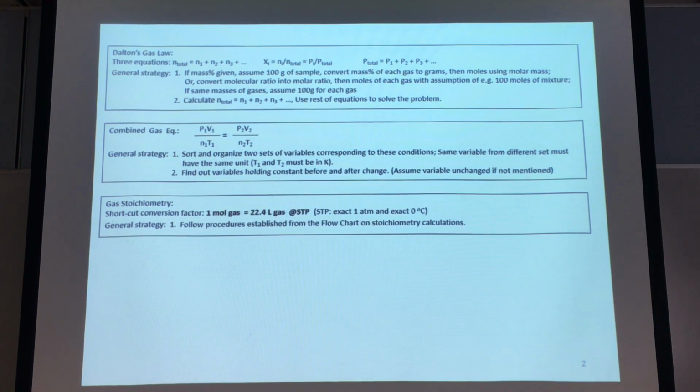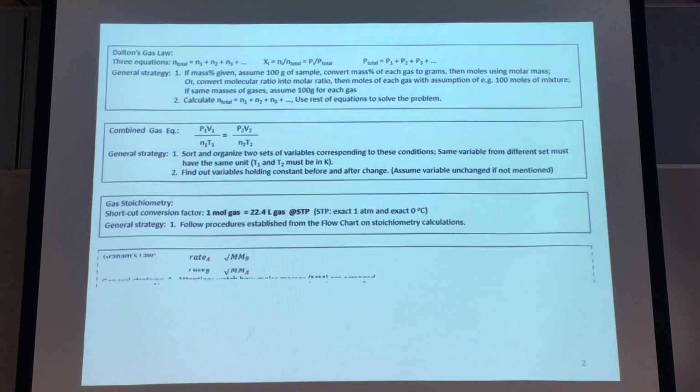As for gas stoichiometry, we have practiced so many questions before, so we just simply follow the procedures we have established. But one more time, 1 mole of gas equals 22.4 liters of gas at STP, which becomes quite handy when we try to convert moles to liters of gas or liters of gas to moles.